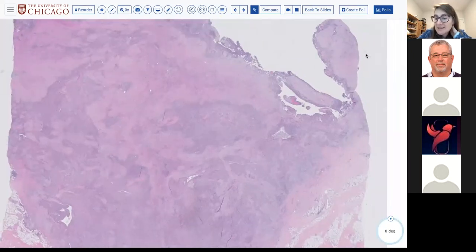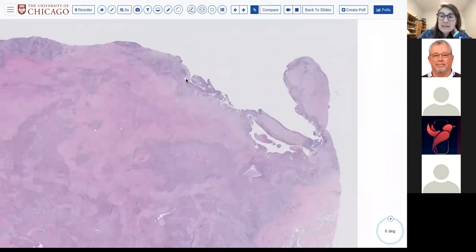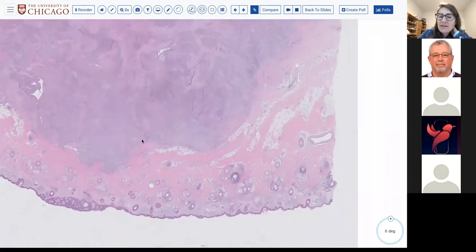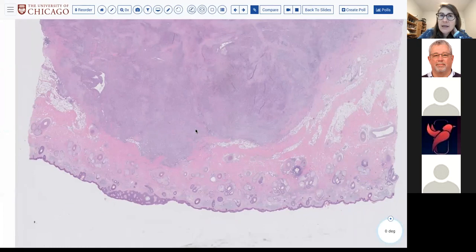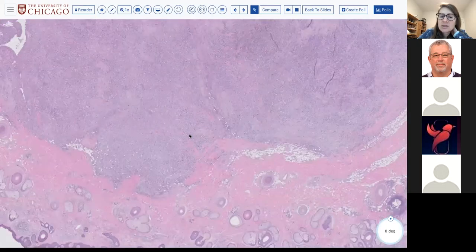Might be metastatic SCC. Does the patient have a history? In this case, the patient does not have a history of a cutaneous primary squamous cell carcinoma.